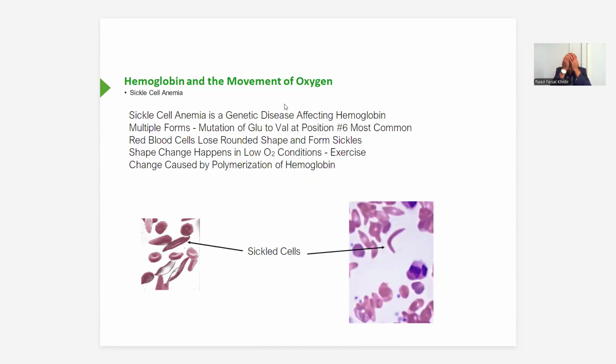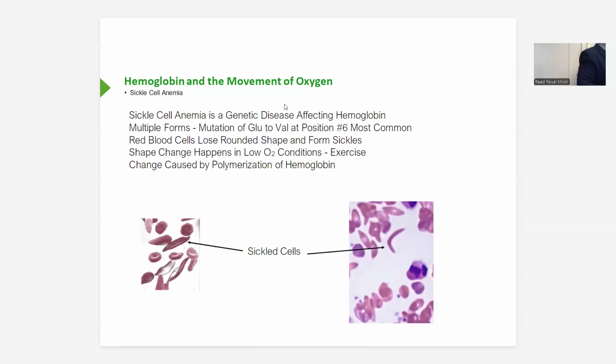Sickle cell anemia. This is very important. The single nucleotide polymorphism. That one is on the exam. I'm going to ask you on the exam, what are the 2 amino acids implicated in sickle cell anemia? And you're going to say valine and glutamic acid.